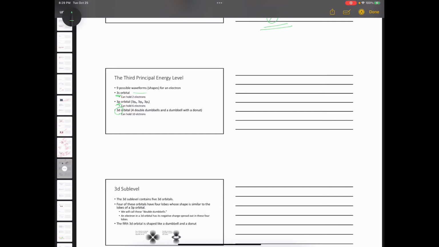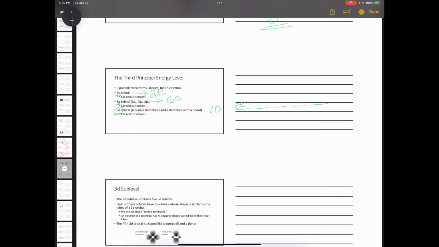In the s orbital, if you remember, we can fit in 2 electrons total. In the p orbital, we can fit in 6 electrons, right? 2 electrons in the px, 2 electrons in the py, and 2 electrons in the pz. On the d orbital, we can fit 10 electrons because with the d orbital, we have 5 suborbitals, and you can fit 2 electrons in each.